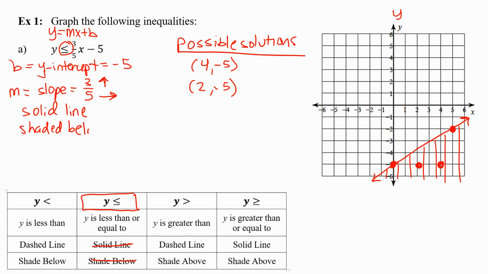Keep in mind, points on the line would also be a solution because it's solid. So like the point 5, -2, even though it's right here on the actual line, because the line is solid, we would also consider that a solution. And things that are not solutions would be anything that's not in the shaded region.